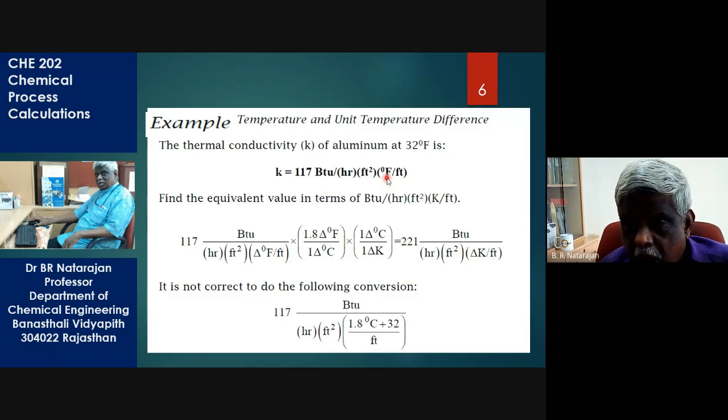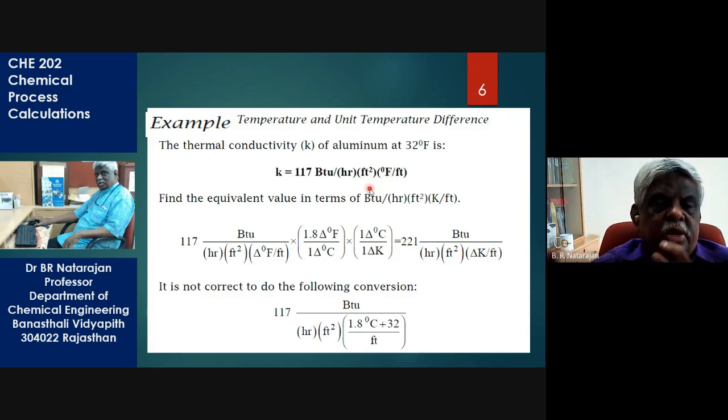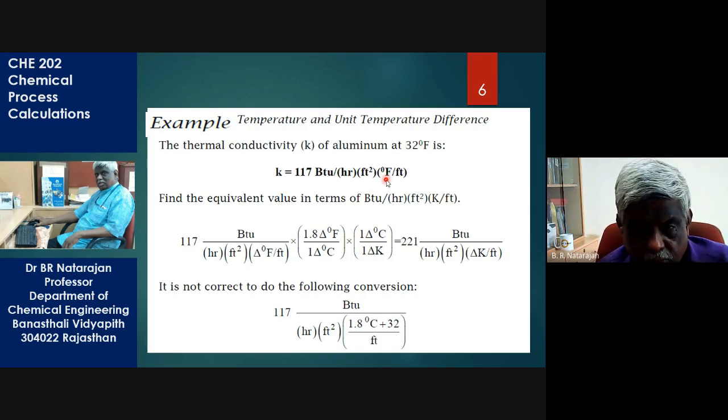That is how you understand the equation. Thermal conductivity is a phenomenon where at different temperatures you have different thermal conductivity, so any change in temperature is going to affect its value. So the degree F here is actually representing change in temperature and not actual temperature.